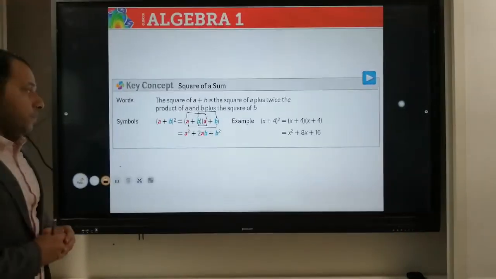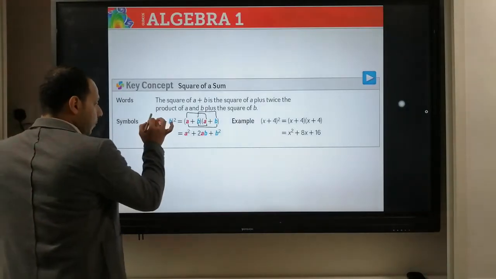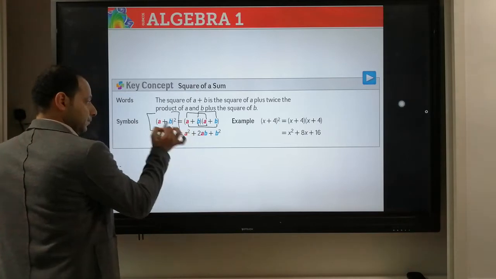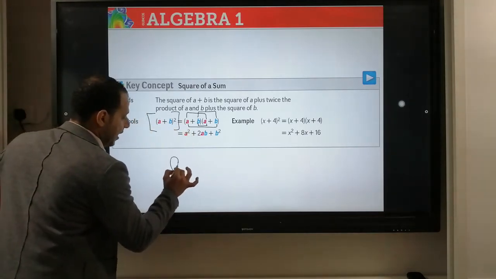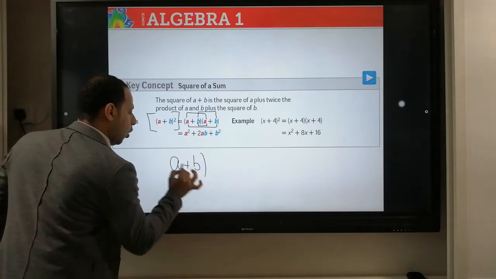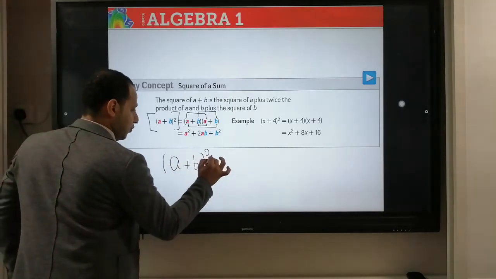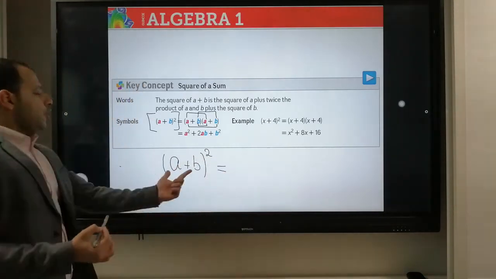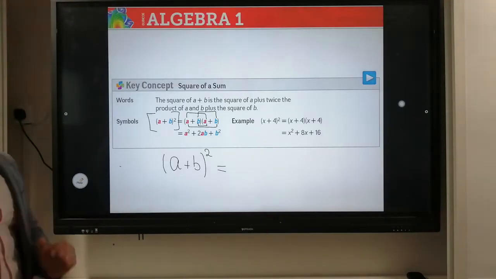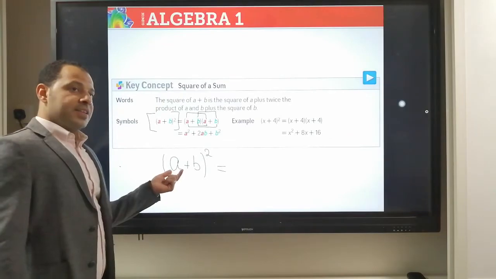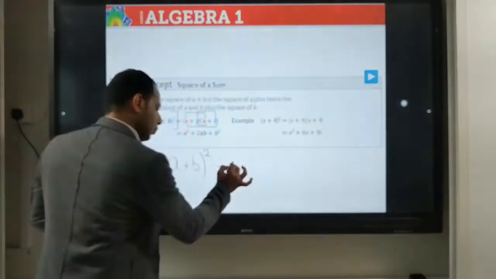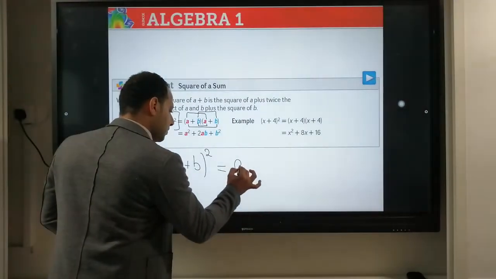No. If you have a problem like this, just go by this way. What is the rule? Look at the bracket. The bracket is power 2, so I just write it here. A plus B all with power 2. Take the first term, square it. So A power 2, it means A squared.